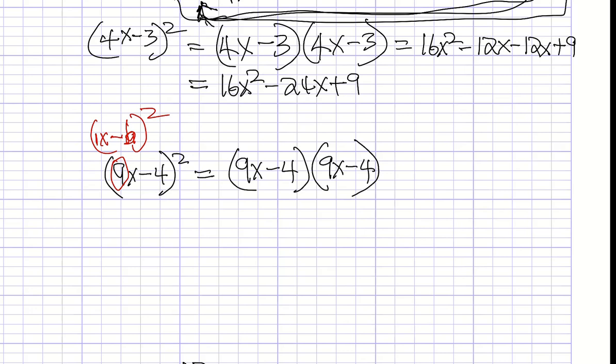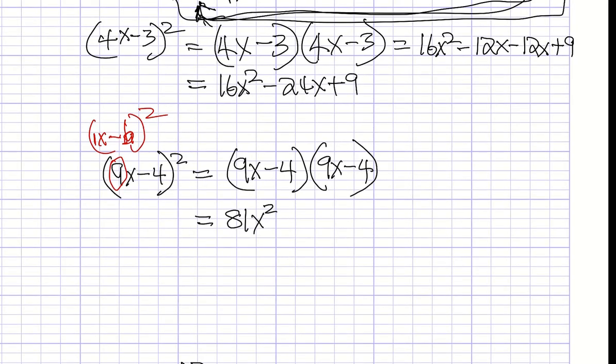Alright, so we'll knock that out. What do you get? 9x times 9x is 81x squared. Then you take 9x and multiply, because you have to go systematically. 9x times negative 4, you get negative 36x.